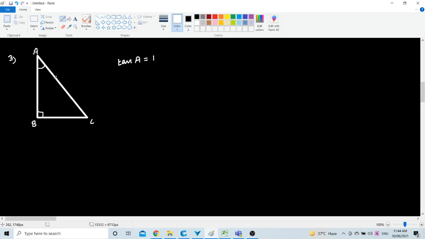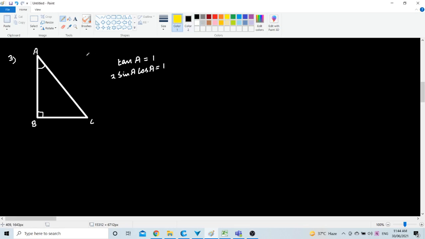Alright. Now, what we have to verify is that 2 times sine A into cos A equals 1. This is what we have to verify.